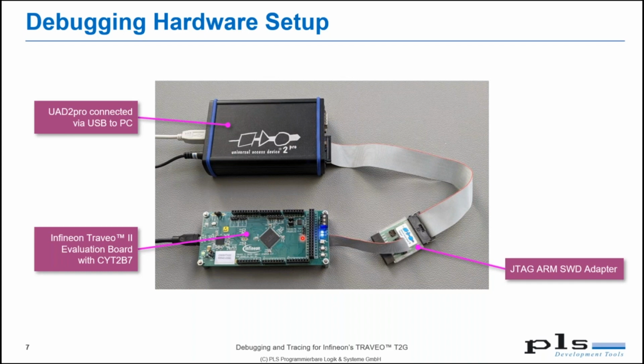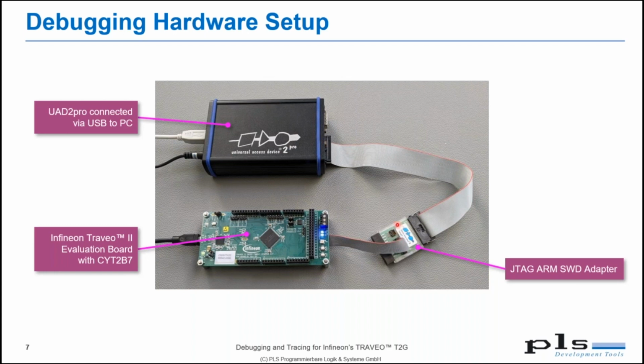We use a UAD2 Pro here, which is one of our devices of the Universal Access Device family. It's the basic device, the smallest one. The UAD2 Pro is connected using USB, seen here on the left side, to the Windows PC where the debugger software is running. And to connect the debugger to the evaluation board, we use the standard Arm JTAG and SWD debug adapter.